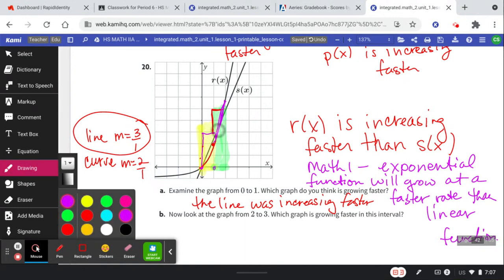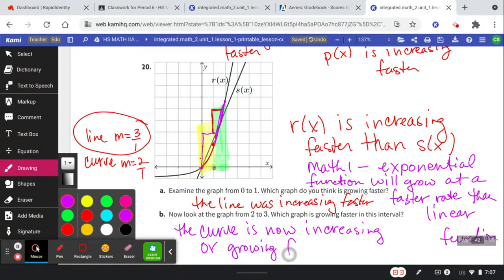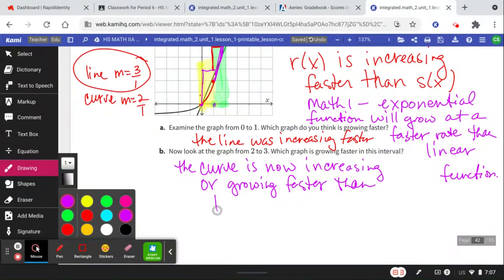And the curve surpasses the line at that point. So we would now say that the curve is now increasing or growing faster than the line on the interval 2 to 3.